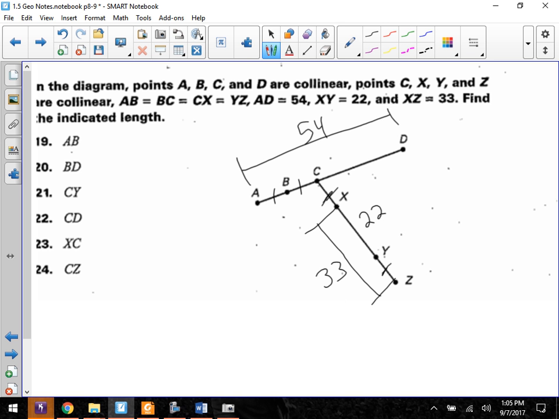YZ, right. Well, how much is YZ then? 11. Everybody see that? Just by filling things through as you're going around, you get right off the bat 22 plus something has to equal 33, which means that something has to be 11. Which means everywhere else I see this tick mark, it's going to equal how much? 11.